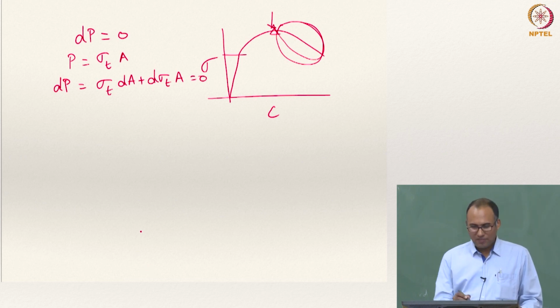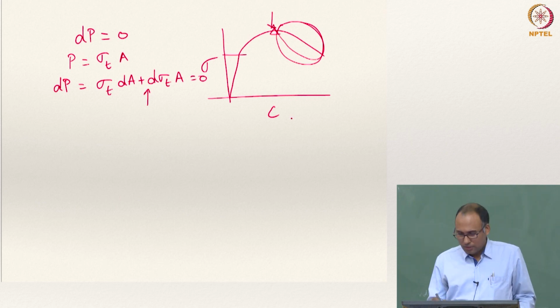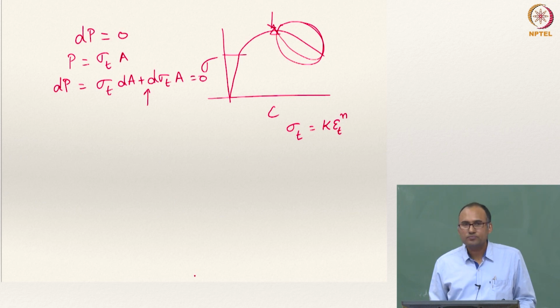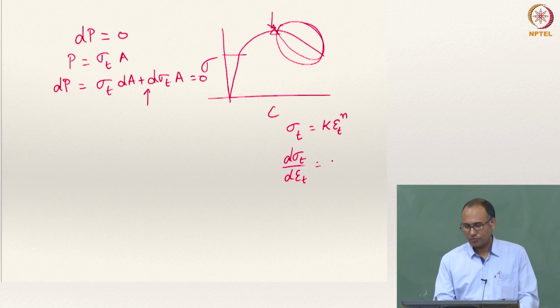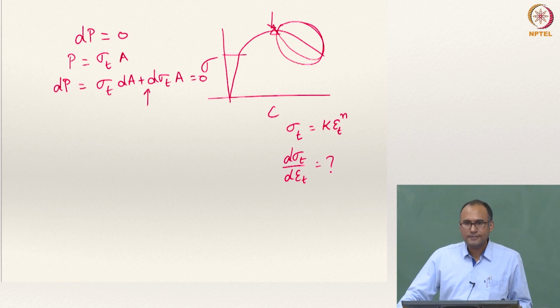Now I will leave you here. If our hardening response is represented by sigma T equal to K epsilon T to the power n, what is the condition for necking? What happens at the onset of necking to d sigma T by d epsilon? Can you go about deriving that?